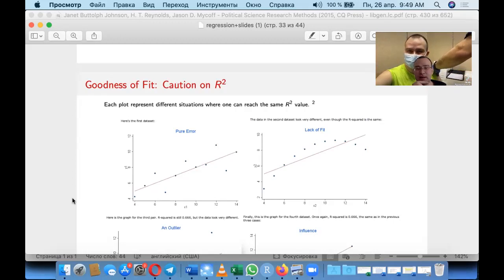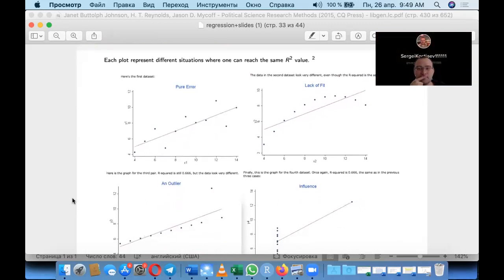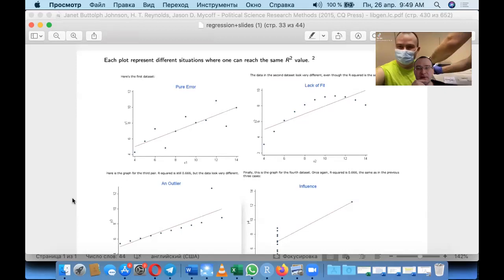But there could be problems with R squared, and Professor McCabe gave a good example of this. So for instance, you have a bunch of regressions and they have the same R squared value, but the situation is pretty different. In the first case, you see that the error, pure error, is kind of randomly distributed.